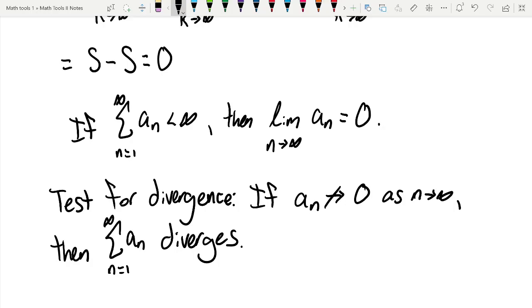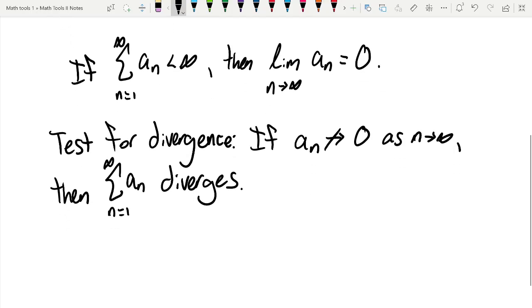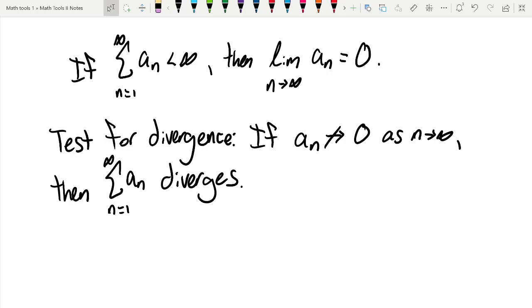Just because we know that the limit of the sequence is equal to 0, that doesn't automatically give us that the series converges. But what it does give us is a nice, easy way to eliminate convergence right off the bat. We can just take the limit of the sequence, and if it doesn't equal 0, then we know right away that there's no hope that the series converges, and then we don't need to do any other test.